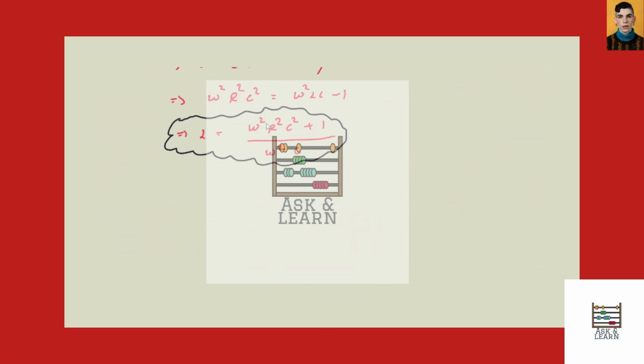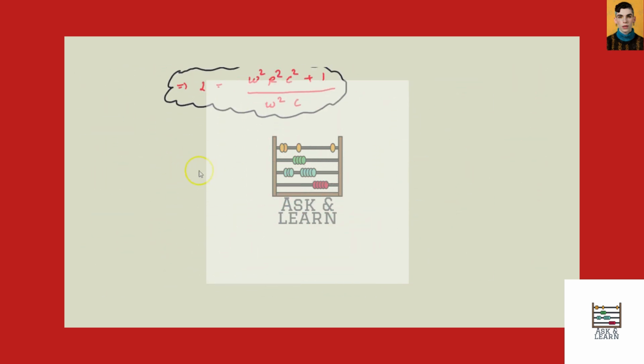Putting these values in the formula, L equals omega square R square C square plus 1 upon omega square C. First we simplify this equation: omega square cancels with omega square, C square with C, which gives R square C plus 1 upon omega square C.